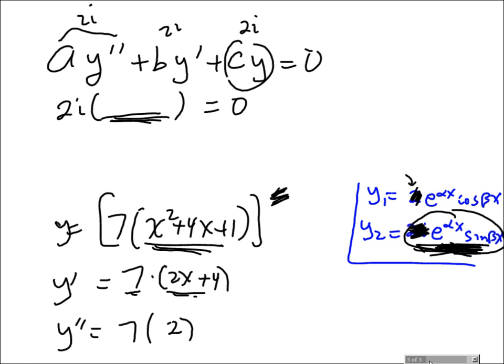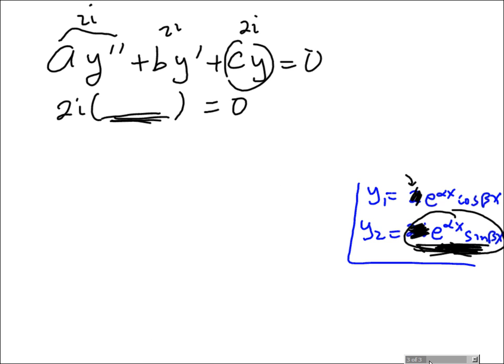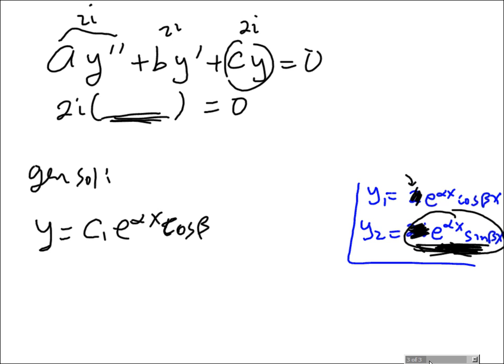A general solution to the second order homogeneous linear equation is going to be the following. The general solution is y equal to a multiple of y1 plus a multiple of y2. The last thing I would do is factor out what's common.